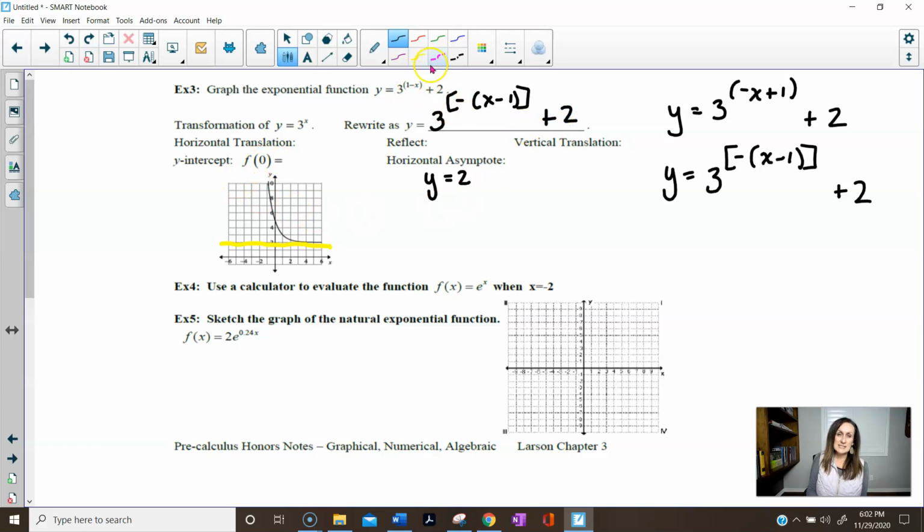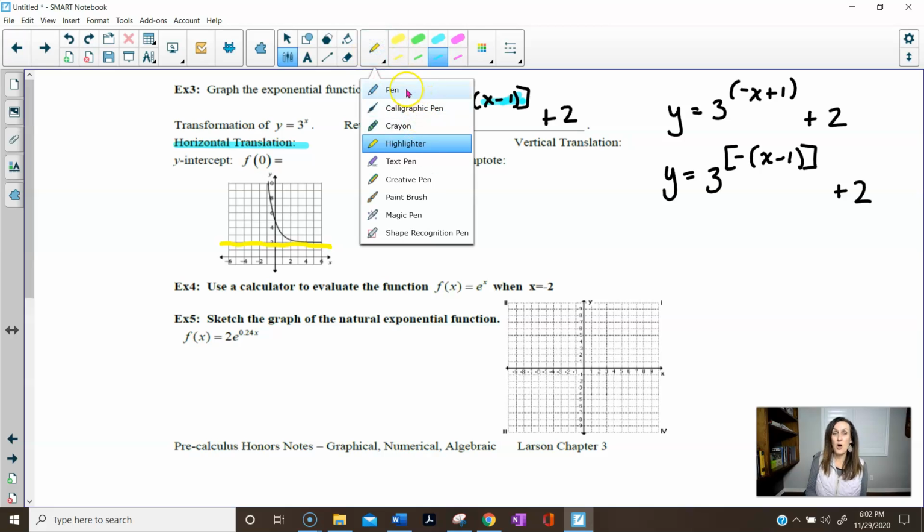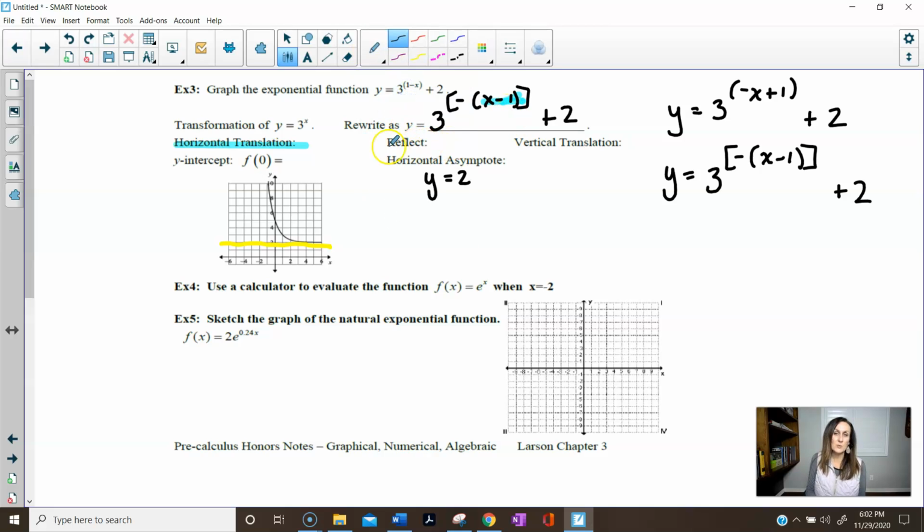The horizontal translation is going to be up here in the exponent. That means the horizontal translation is going to go opposite of what you think, just like all the other ones. So if it's x subtract 1, it's actually going to move to the right by 1 unit.